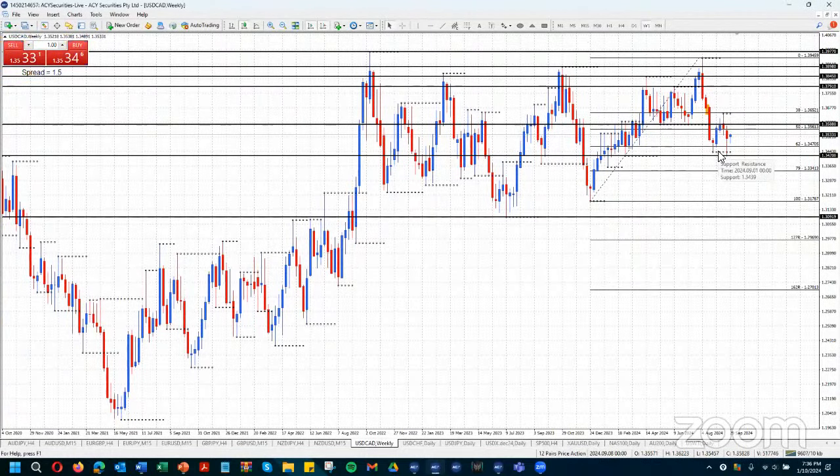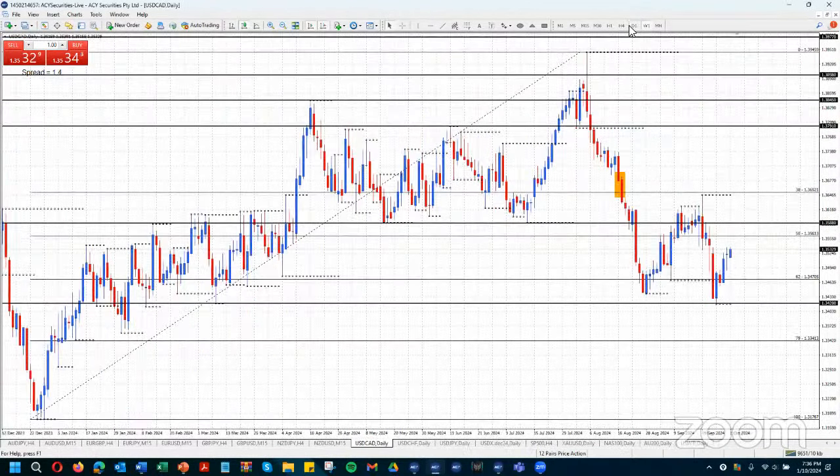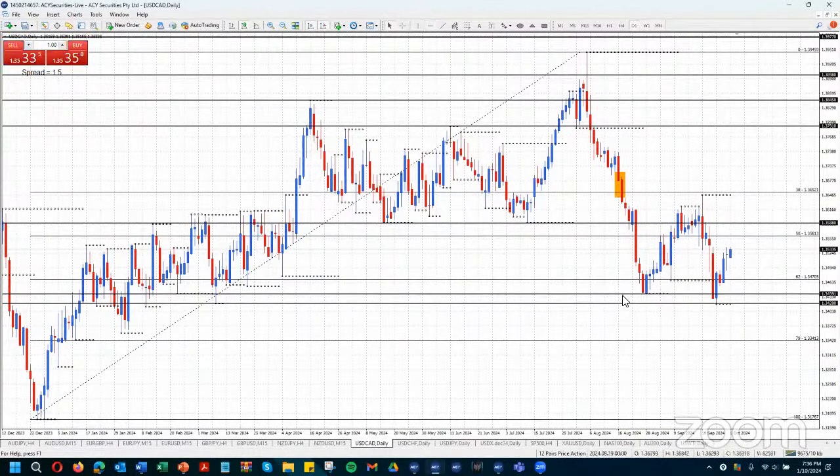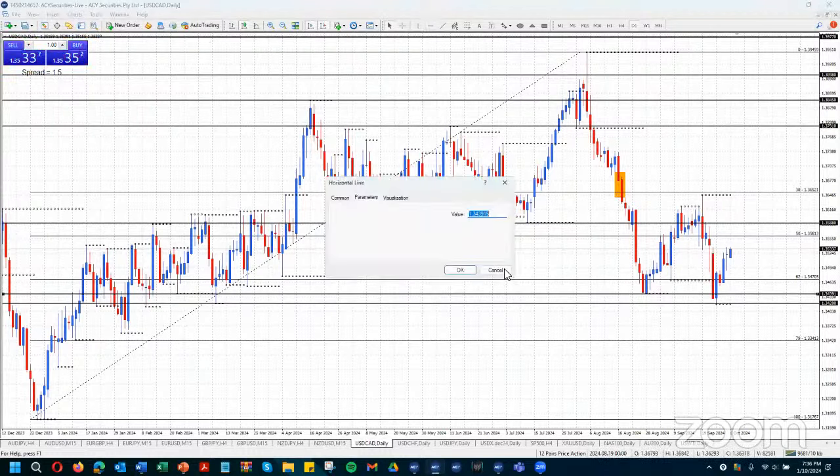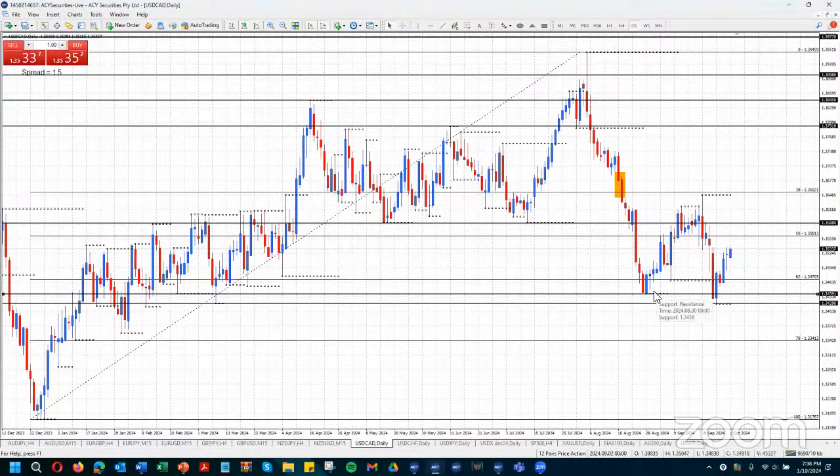Now, I don't know if we can come back down to that area this week, but that area is 134.20, and the higher area is at 134.39. We could certainly revisit that level.